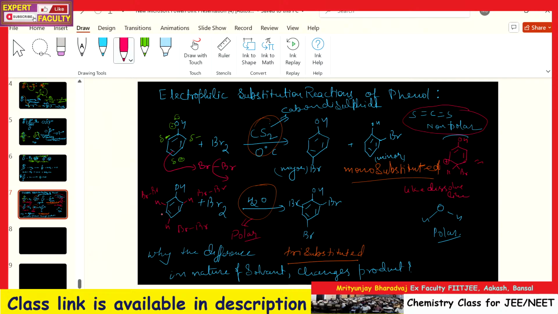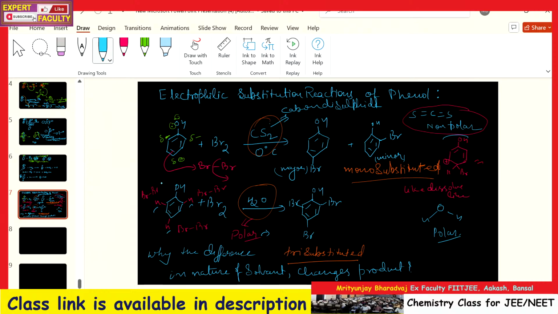What you need to understand from this phenomenon is that if the solvent is supporting the reaction, the reactivity will increase, and then all three hydrogens will get substituted.